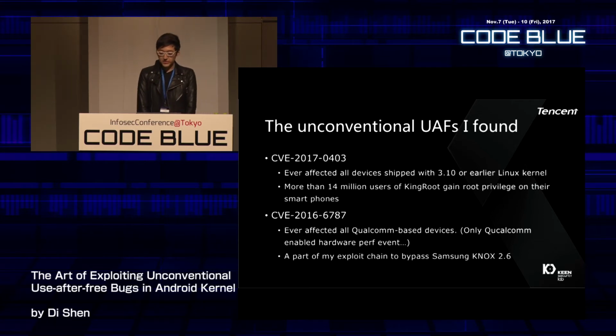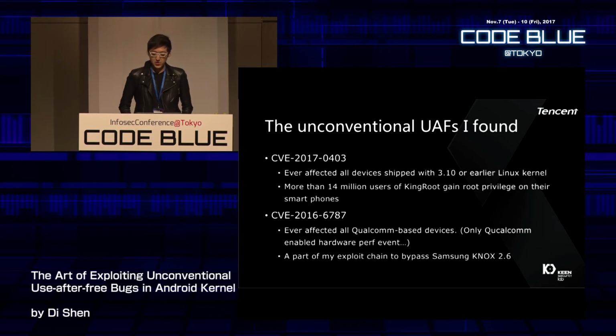Okay, the first bug I found is CVE-2017-0403, and this defect affected all Android devices shipped with Linux kernel 3.10 or earlier. You should know that by the end of last year, most Android devices were shipped with Linux kernel 3.10 or 3.18, so this vulnerability is really critical.